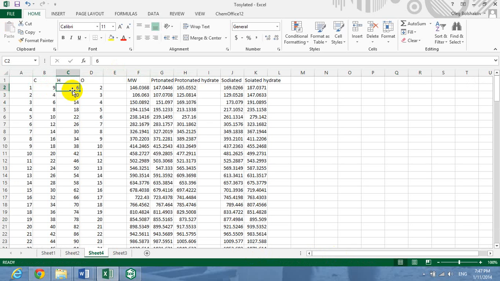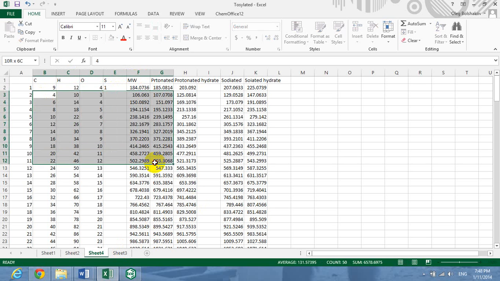Instead of H, we're gonna put H12, O4, and sulfur. We're gonna create a new column for the sulfur, and for the first macromonomer, it's gonna be 1.